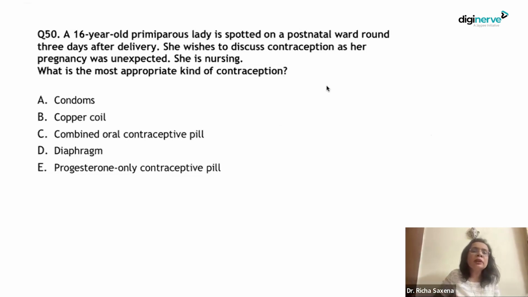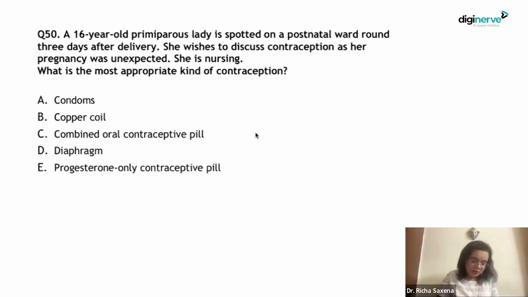Yes, progesterone only pills, right? Sadly, Cerazette is not in the options. Yes, copper coils and copper T are same, Dr. Ruby. But in this case, this will not work.